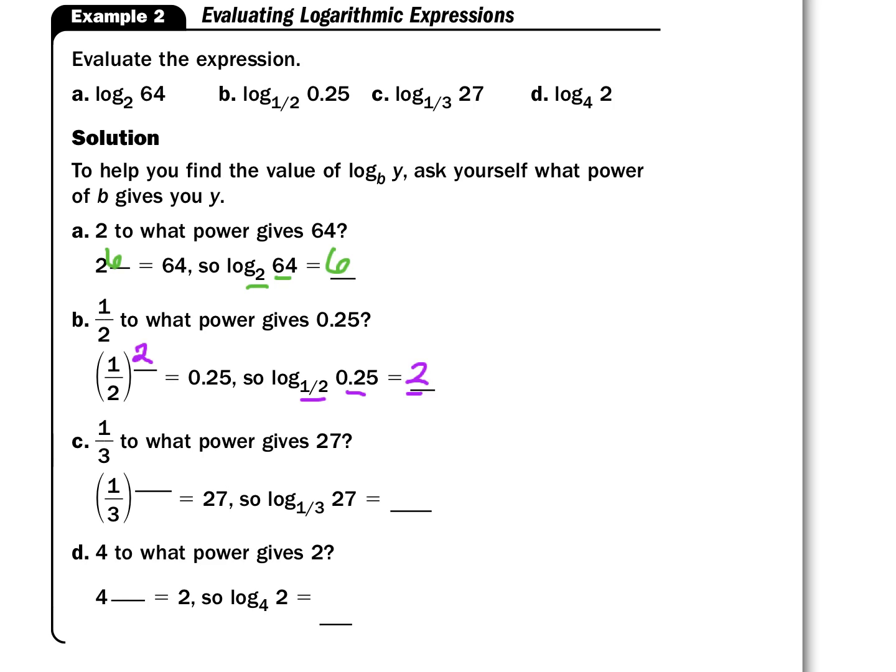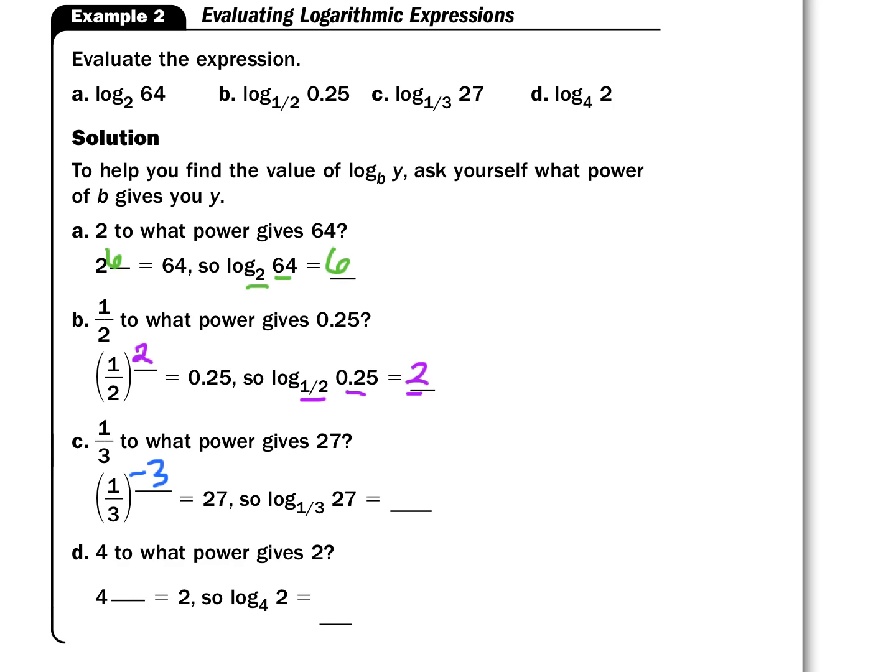1/3 to what power gives 27? Well, I know 3 to the 3rd power gives me 27, and I have 1/3, so I need to make it a reciprocal, so that would be -3. The negative takes the reciprocal, so it becomes 3 to the 3rd power.